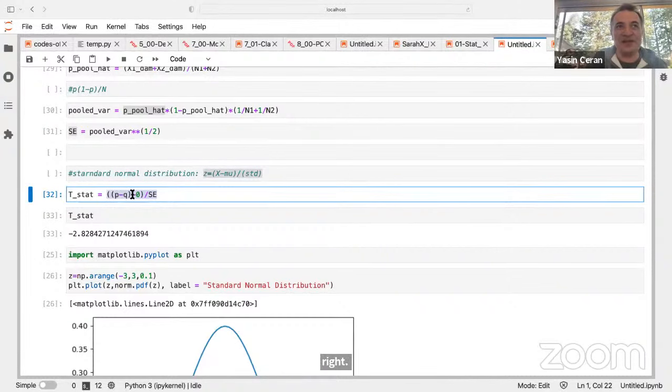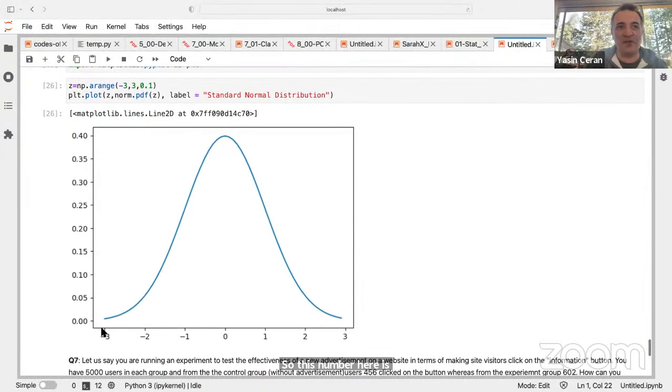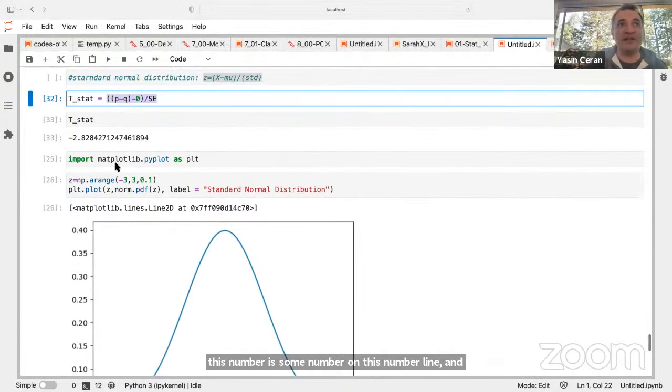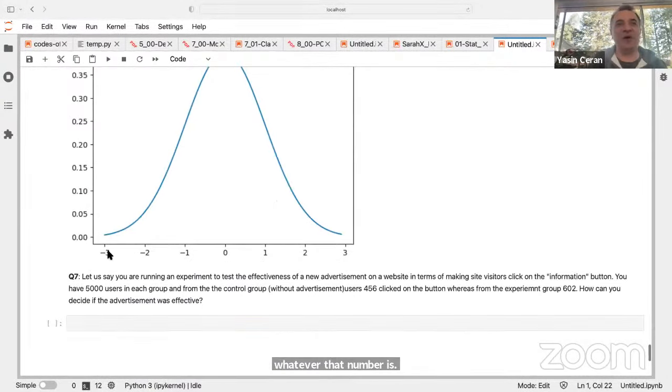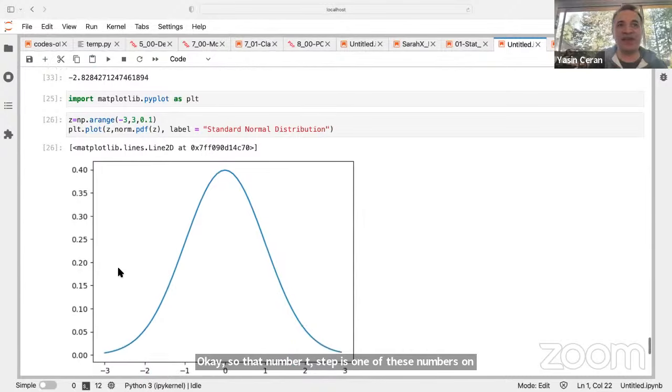That means this number is some number on this number line, and I have the standard normal distribution for whatever that number is. So that number, the T-stat, is one of these numbers on this number line, and I know the value corresponding to this T-stat on the standard normal distribution.